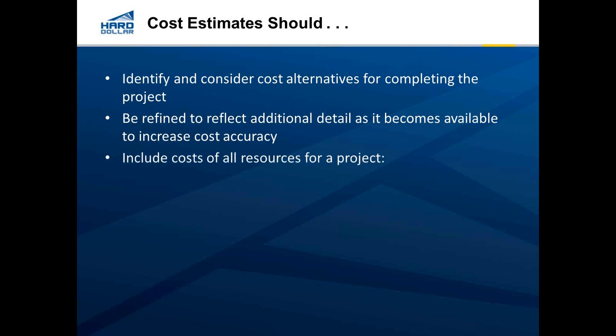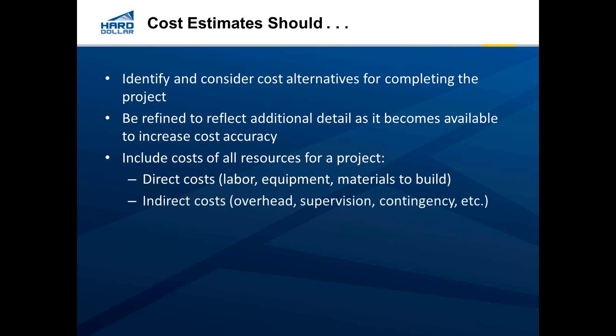Third, of course, this is a given: it needs to include all the costs of the project. But I do want to point out that in addition to the direct costs for labor, equipment, and materials pertaining to the deliverable items of the project, we also have indirect costs.